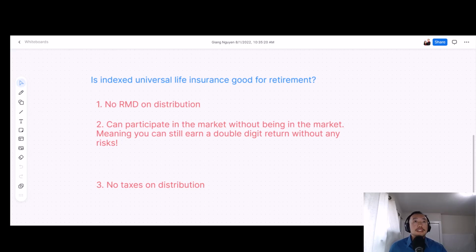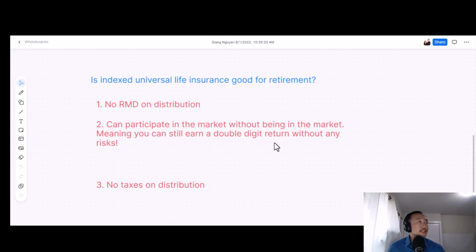An RMD just means a required minimum distribution, where Uncle Sam forces you to start taking out income from your IRA/401k or retirement account, and if you don't take out the minimum required distribution, you'll owe 50% of the previous year amount to Uncle Sam in taxes. This is the way Uncle Sam forces you to take out an income, so you can't keep growing your money in a retirement account forever.